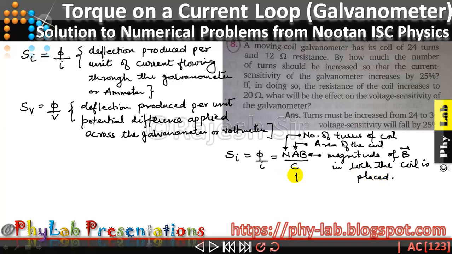Now this C is referred to as the torsional constant, बच्चों. And it measures the torque required to produce any deflection in the wire. So this is a torsional constant of the wire.